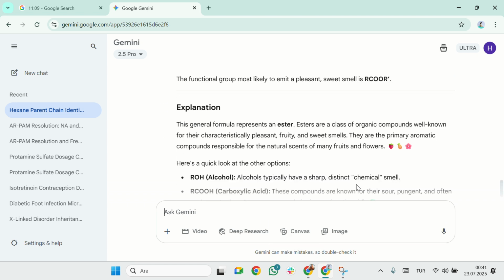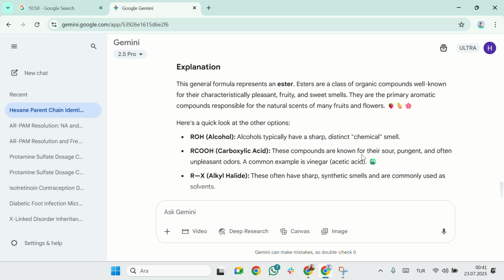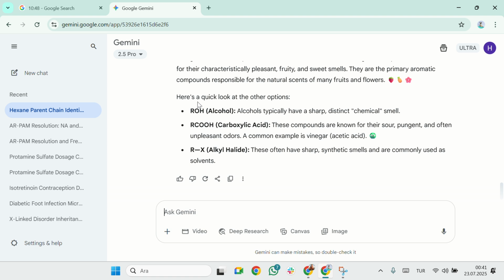This general formula represents an ester. Esters are a class of organic compounds well known for their characteristically pleasant, fruity, and sweet smells. They are primary aromatic compounds responsible for the natural scents of many fruits and flowers. Okay. ROH is an alcohol, which has a sharp, distinct chemical smell.